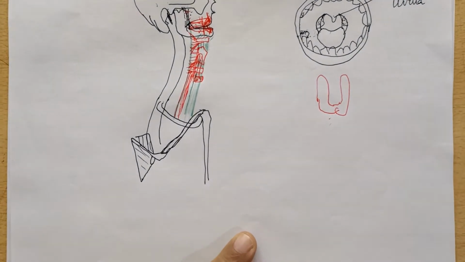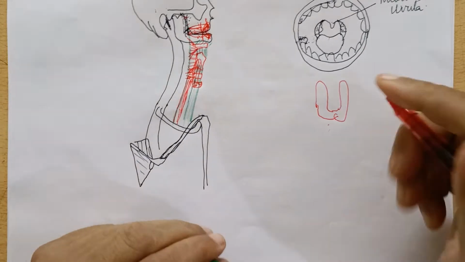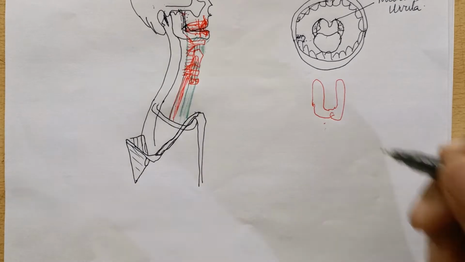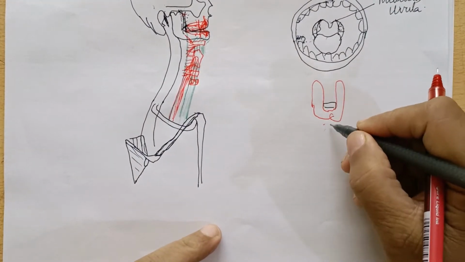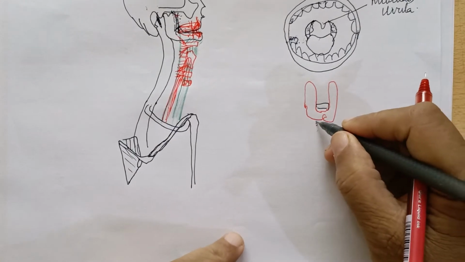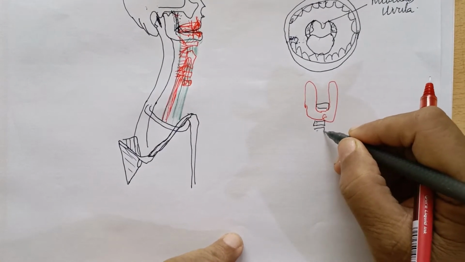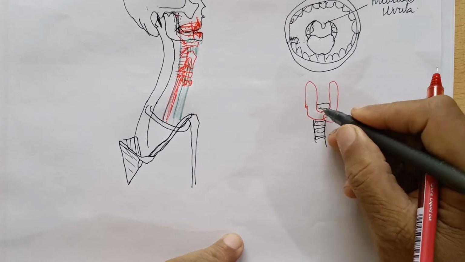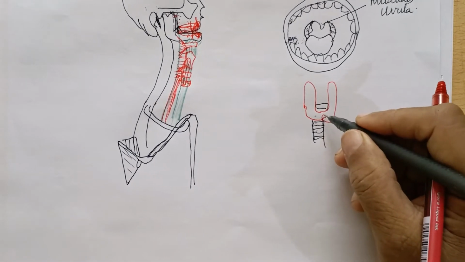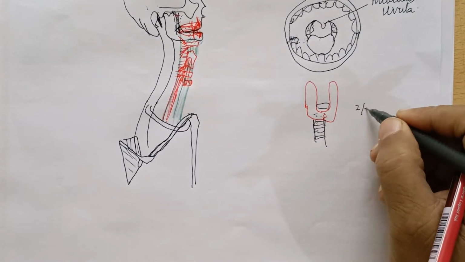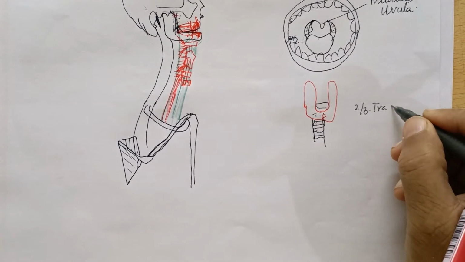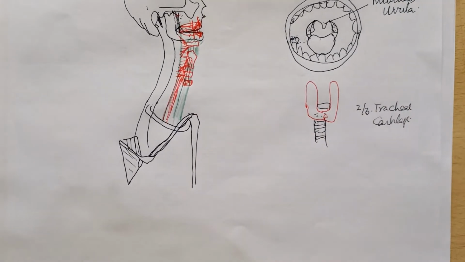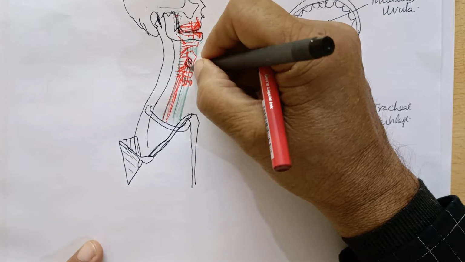And then you see that here is the cricoid bone, and here are the cartilages of the trachea. So this isthmus of the thyroid covers the second and the third tracheal cartilage. So we have placed the thyroid gland here.